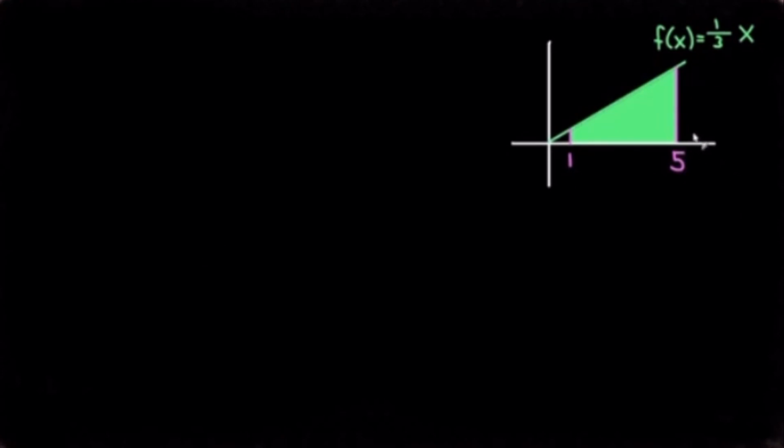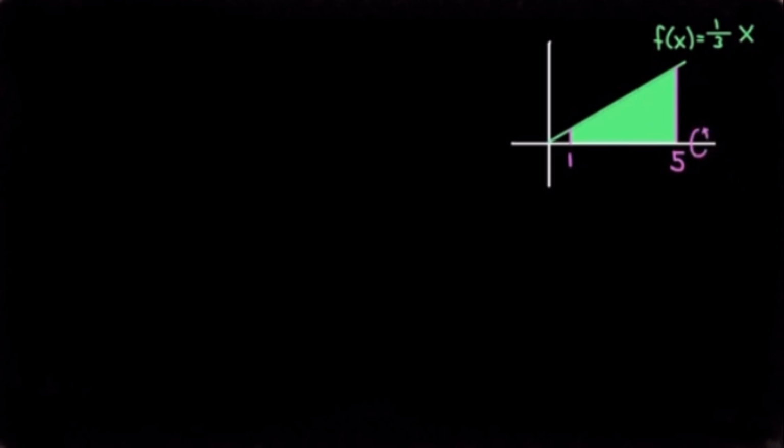And then what we're going to do is imagine rotating this area around the x-axis. And when we do that, what shape would we get? Well, we would get something that looks like this. And the question is, what is the volume of this solid that's formed by rotating this around the x-axis?